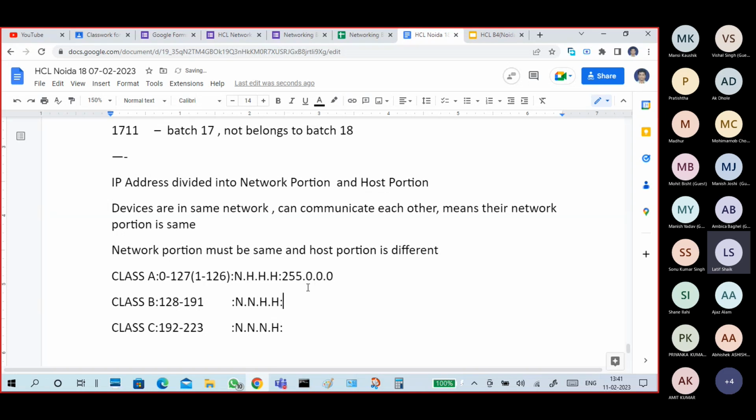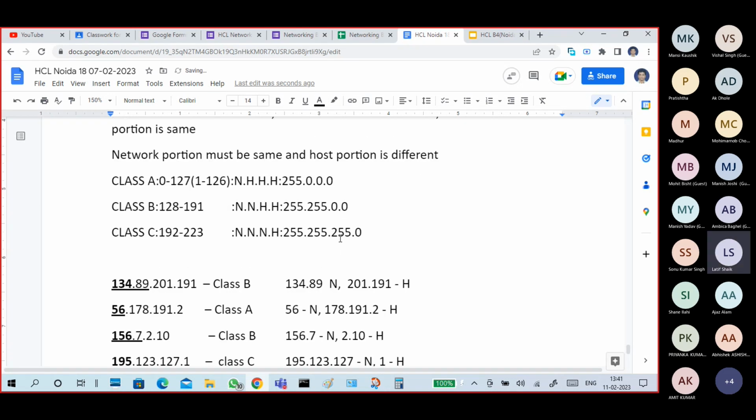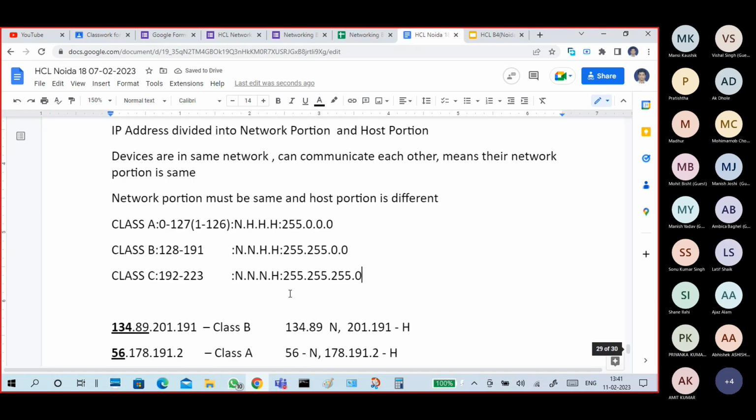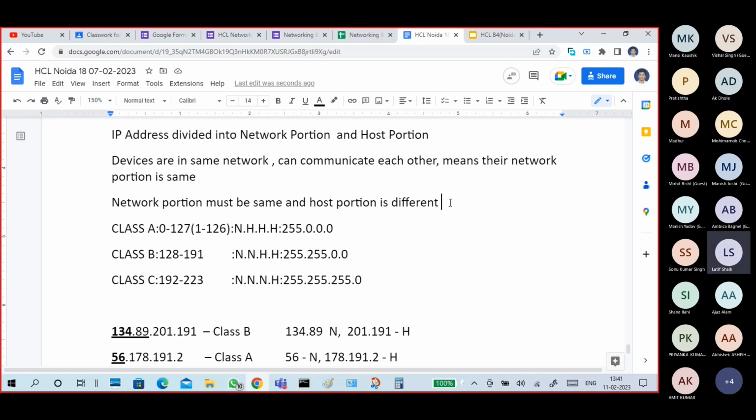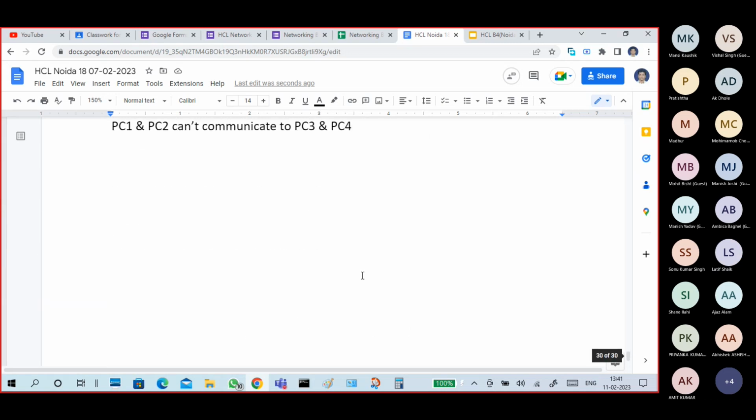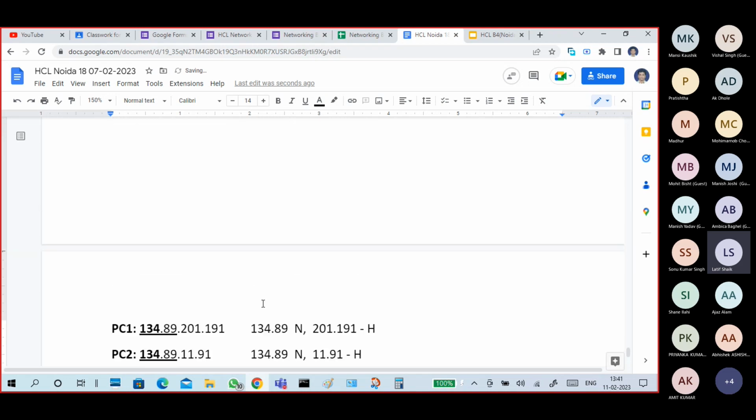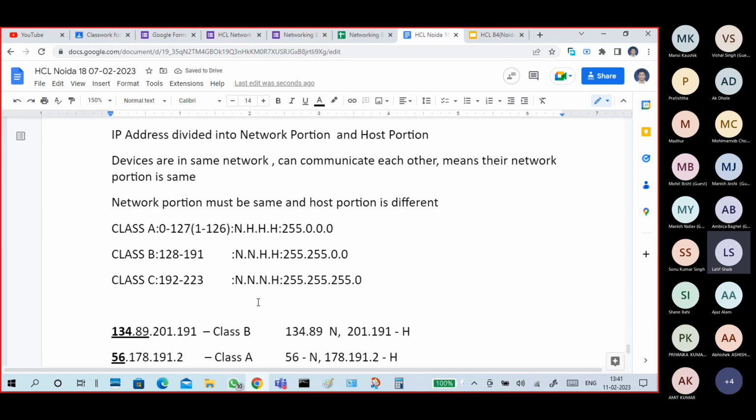Where the network portion is there, a subnet mask is also there. This table is also important. So this is the default subnet mask. So we can understand what the network portion and host portion are.